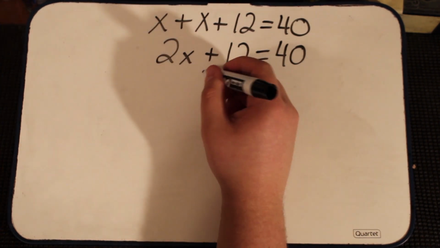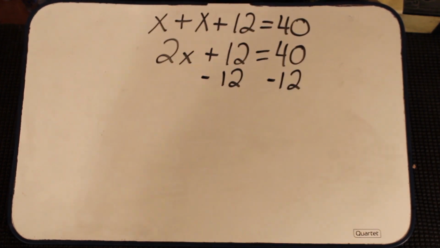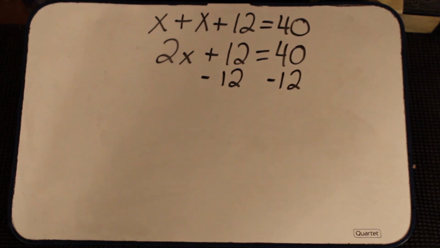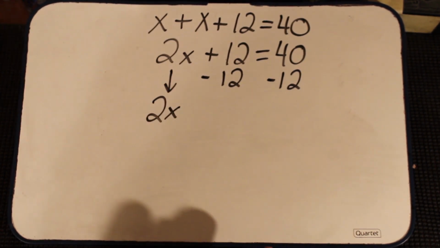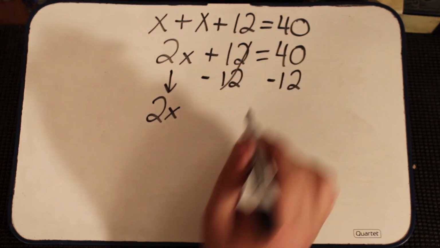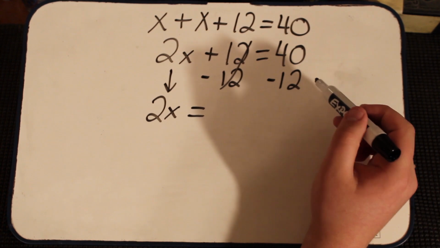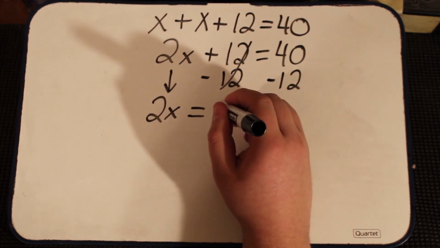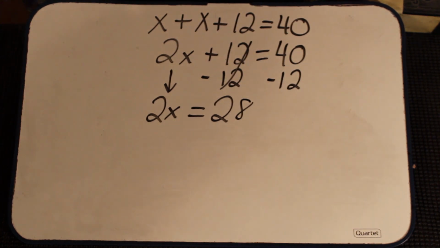So I'm going to subtract 12 from both sides. I bring my 2x down, because I haven't done anything to it yet. My 12s will cancel, and 40 minus 12 equals 28.